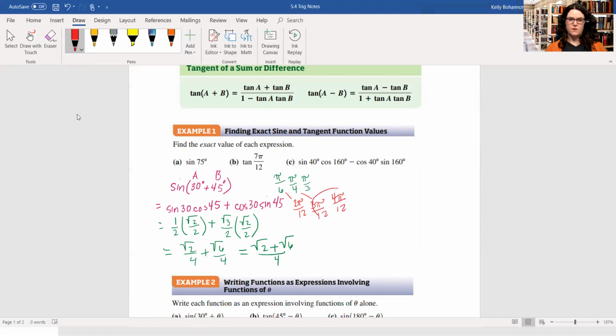Which means I can use these last two with the sum identity. So I'm going to do this identity.